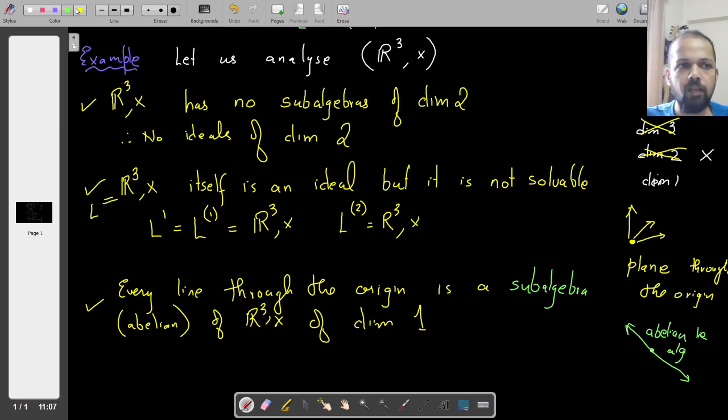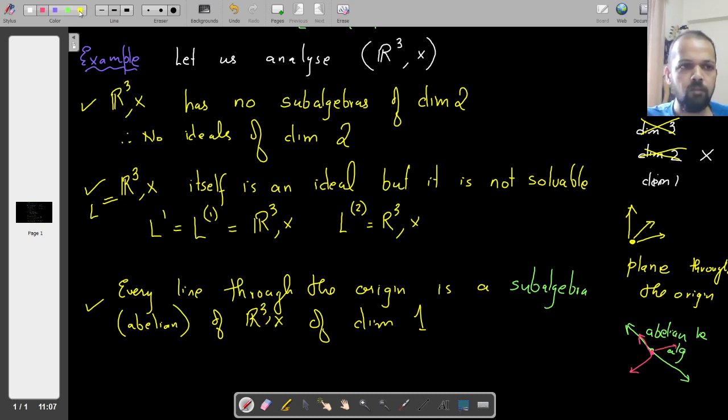Because for an ideal, you are required to take any vector in that sub algebra and a vector outside, and you need to show that their cross product remains within the sub algebra. In this case, definitely it doesn't. You take one vector on a line through the origin, take another vector outside, and look at their cross product. There is no guarantee. In fact, it's going to be perpendicular to both of them, so it's guaranteed to be outside.